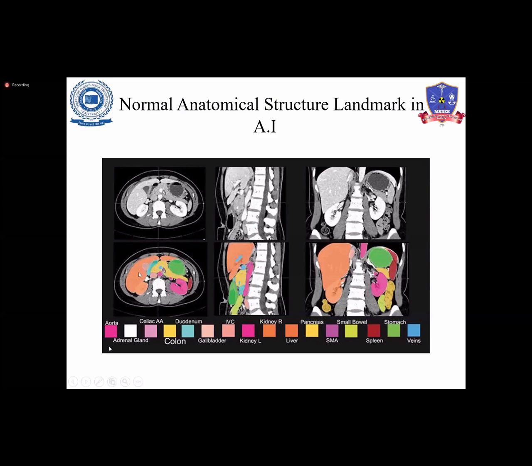If we mark each and every organ with a different color and with perfect boundaries, here the aorta is marked in a different color, the liver in a different color, the right kidney in a different color, the left kidney in a different color, the spleen, the pancreas, each and every organ and vessel having its own color coding in the system.